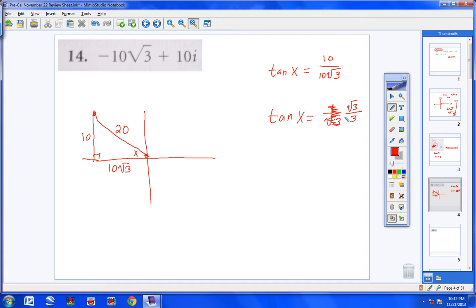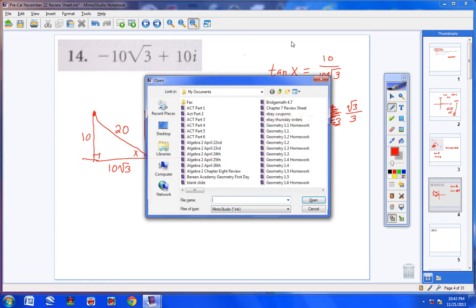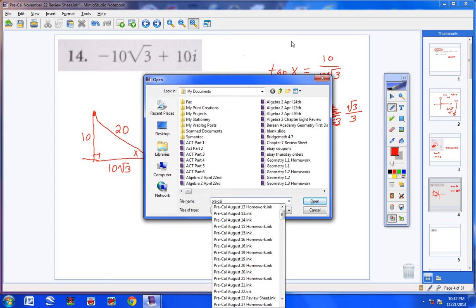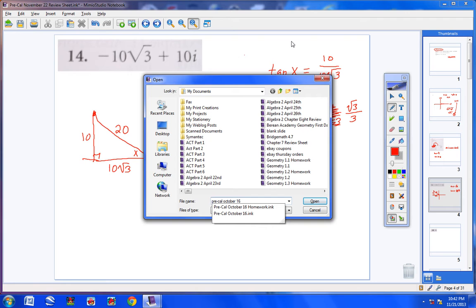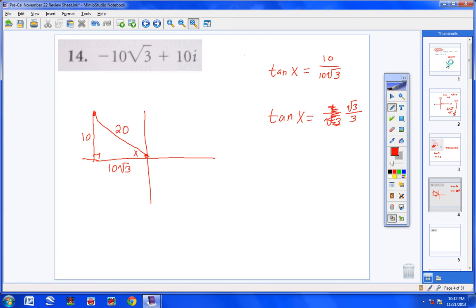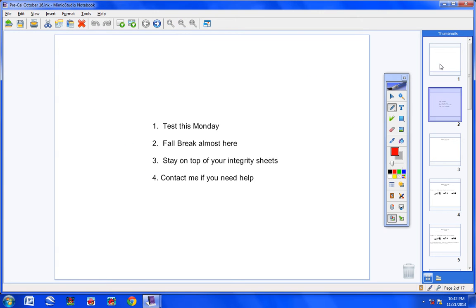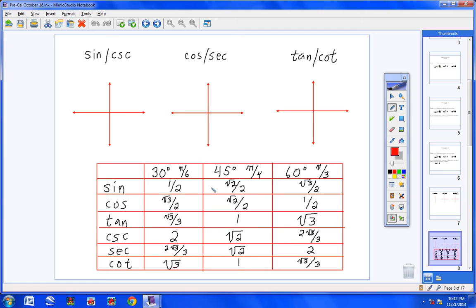And I have a feeling we're going to need our table today, so I'm going to very quickly take care of that right now in front of you. And we're going to use this table from here on out.